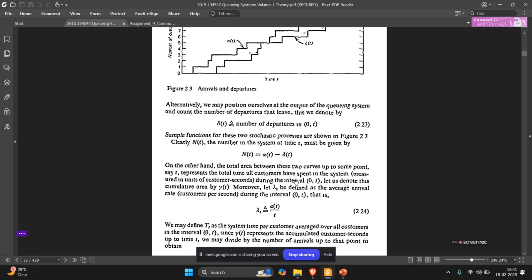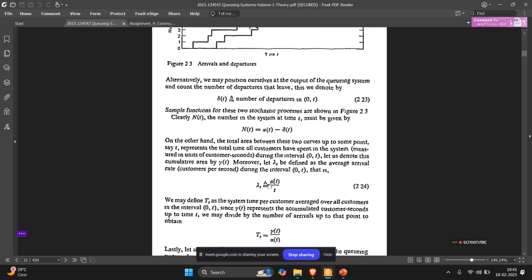Now, what is the arrival rate? Arrival rate is alpha(t) by t. So for the time duration t, if you divide alpha(t) by t, you will get the arrival rate.